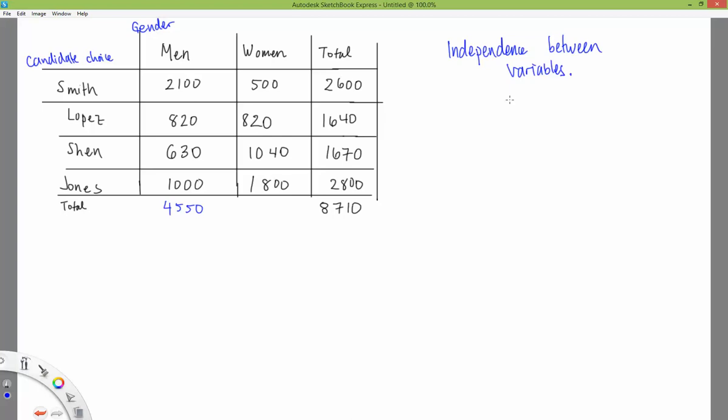If we looked at the statistics as a whole, and we looked at which gender overall voted more for Republicans versus Democrats, we would see there's a link.